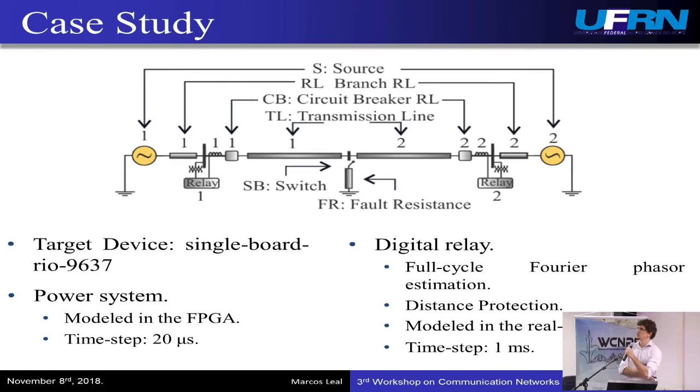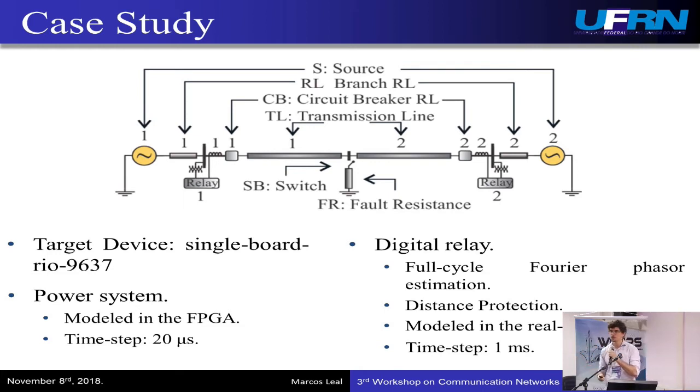It was composed of a source, a resistive-inductive branch that forms a Thevenin equivalent, and two transmission lines representing one transmission line, because with this we can vary the point of the fault. Then there is the fault circuit, and we have the relays.